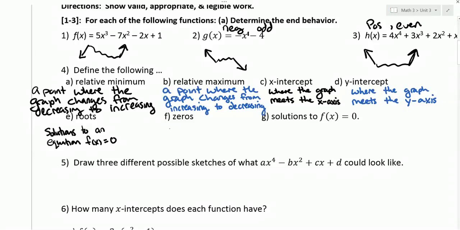Zeros are the same as roots. Solutions to f of x equals 0, this is also known as roots or zeros.